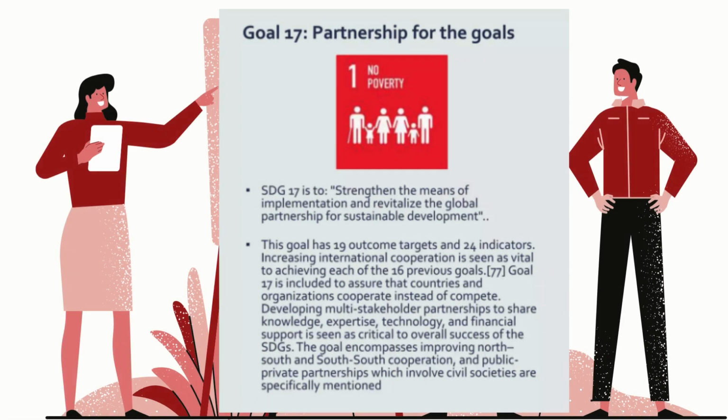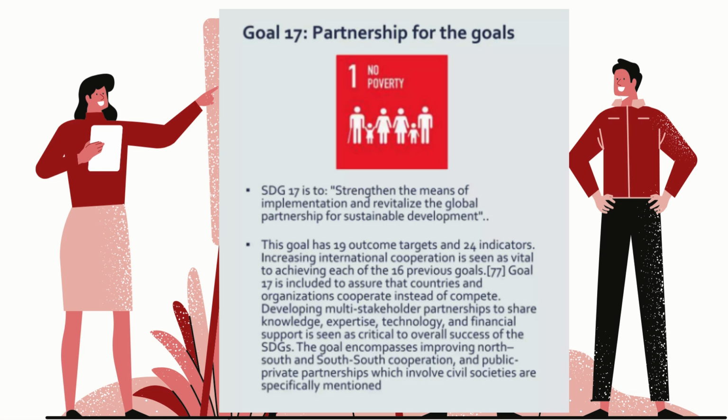And the last goal, 17, partnership for the goals. SDG 17 is to strengthen the means of implementation and revitalize the global partnership for sustainable development. This goal has 19 outcome targets and 24 indicators. Increasing international cooperation is seen as vital to achieving each of the 16 previous goals.